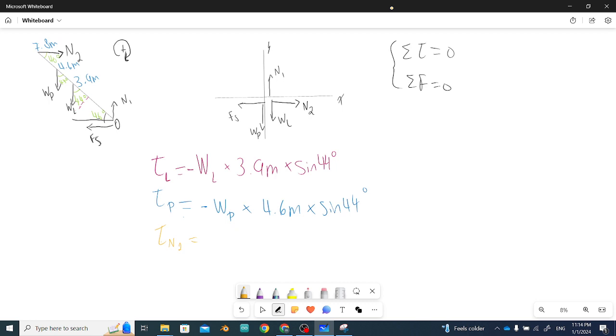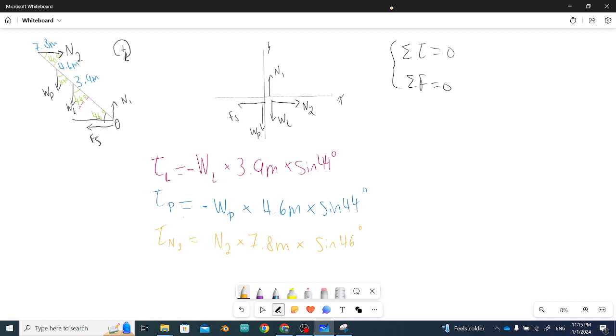And this one is positive because if it were the only force there, it would turn it in the clockwise direction. So that's N2 times 7.8 meters times, and then to get the perpendicular force, we have to do sine of 46. All right.